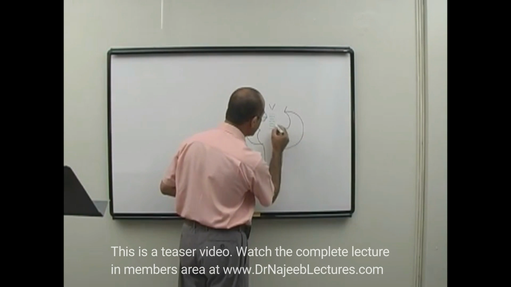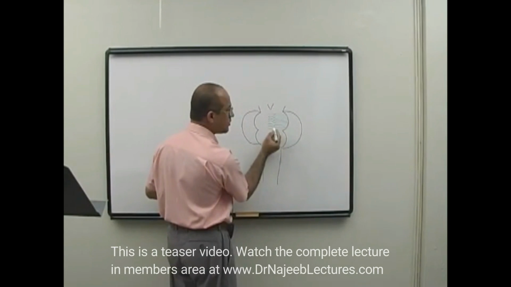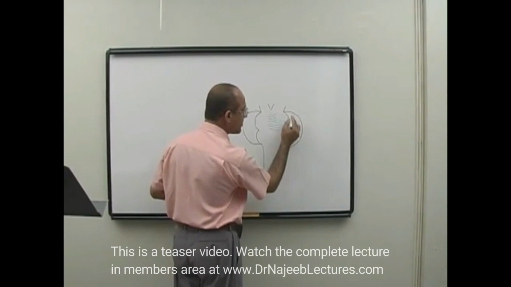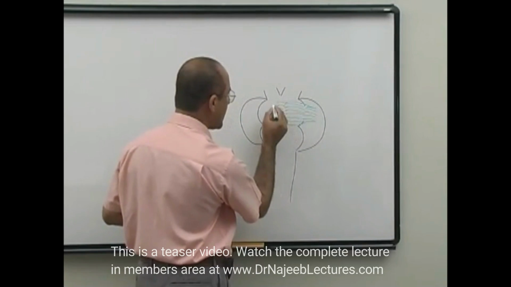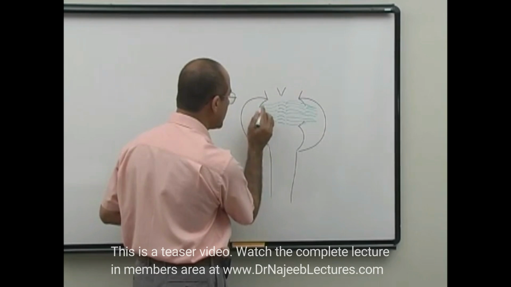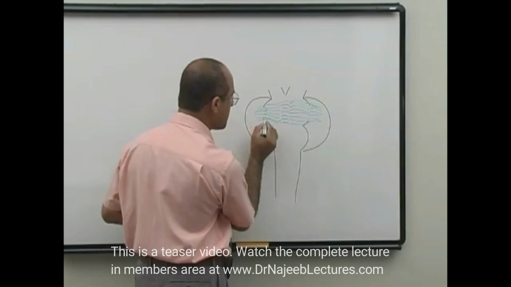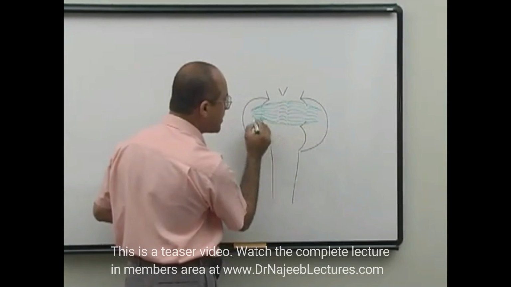and a lot of transverse fibers which are going from the pons to what is this? Cerebellum. And from here also, a lot of fibers are going, yes, where? To cerebellum. So actually, doctors thought it's like a bridge.